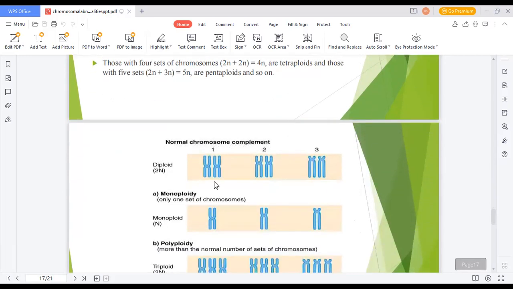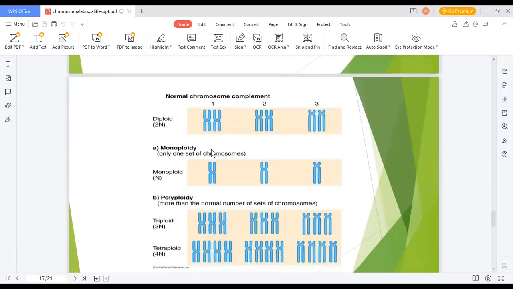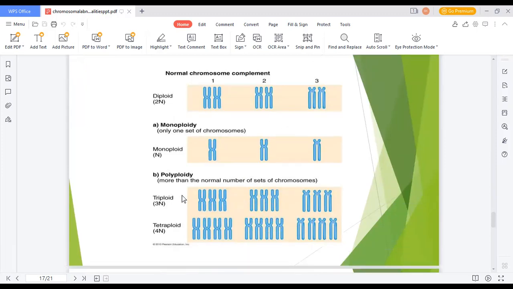So just you can observe. So normal chromosome complements like this. Every chromosome having a set, 1 chromosome occurs 2 times, 2nd chromosome also occurs 2 times, like this. If monoploidy, it receives only 1 chromosome from each pair, but polyploidy is more than normal number of sets of chromosomes.